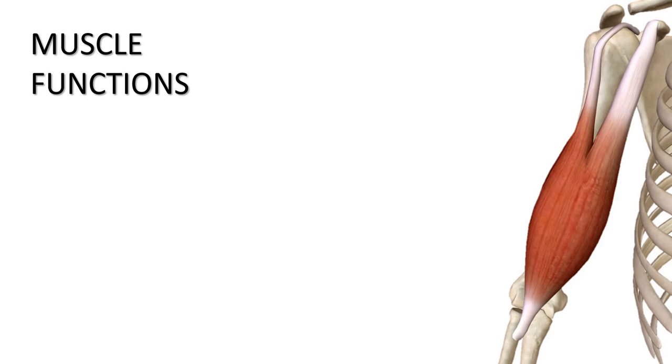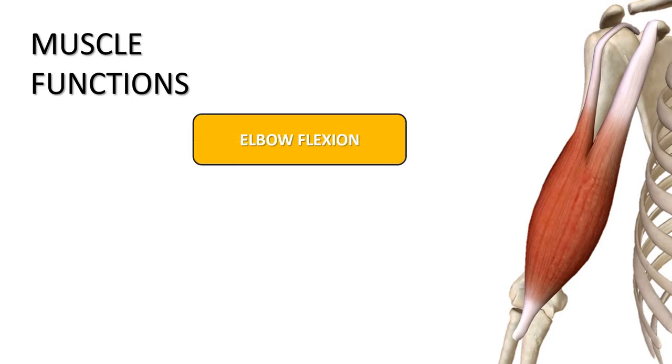So, functions of a muscle can be more complex than initially thought. The biceps brachii is, as we know, our primary elbow flexor. So active engagement of the biceps brachii will flex the elbow, bring the hand up towards the shoulder.